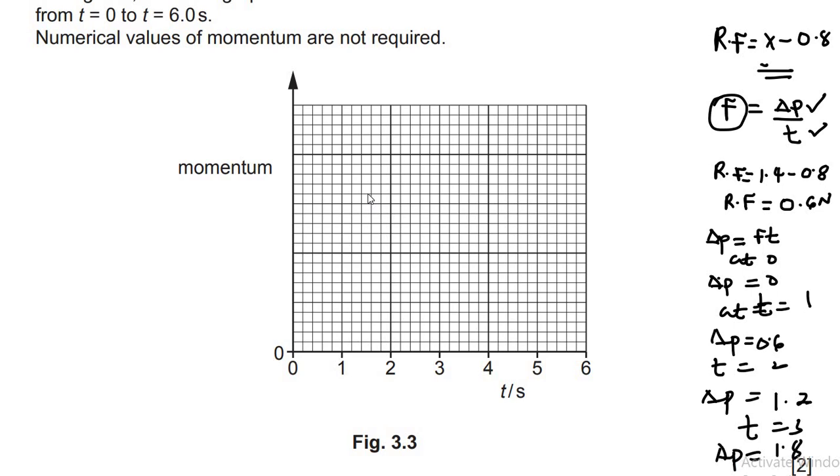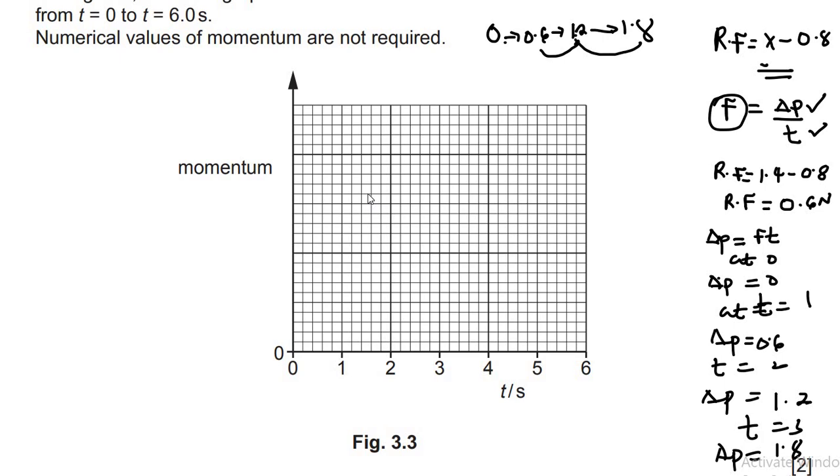If you check it, from 0 to 0.6 to 1.2 to 1.8, look at the increase. The change is constant, 0.6, 0.6. The value of momentum between 0 and 3 is increasing, and the change is constant, which means the gradient is constant.